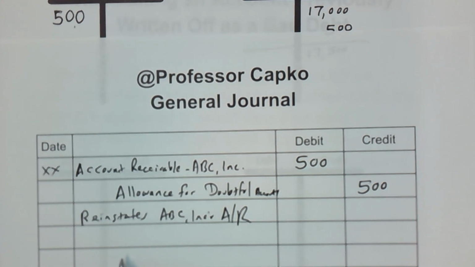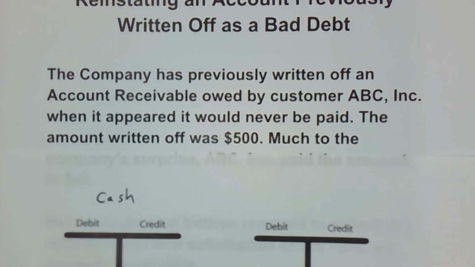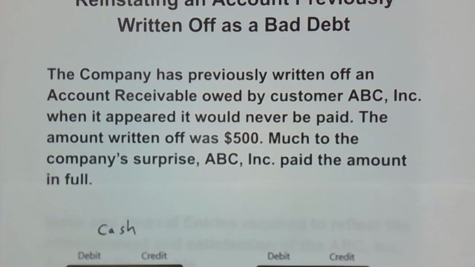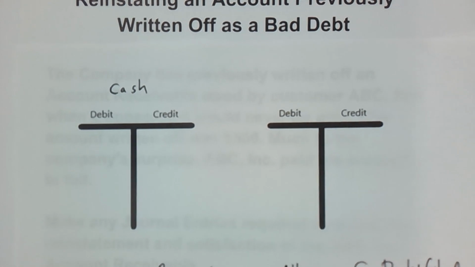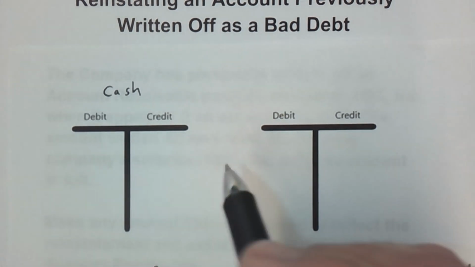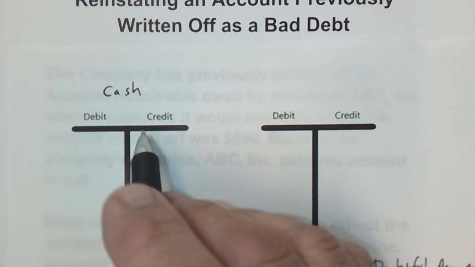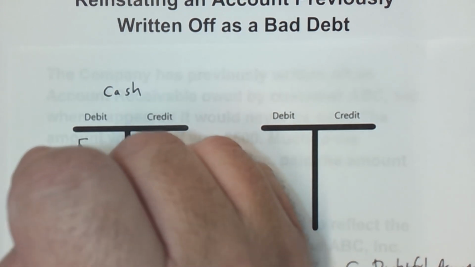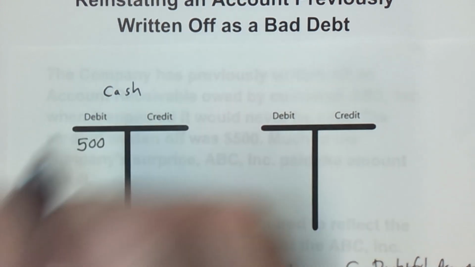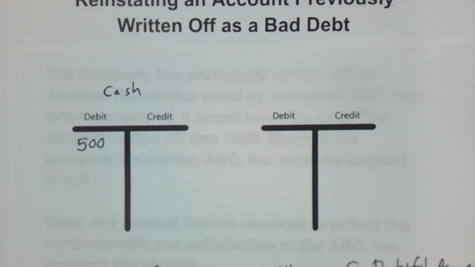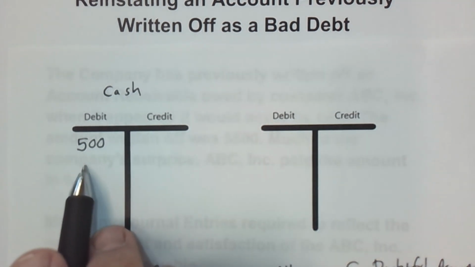Now, the next step is we need to account for receiving the actual cash. So as we see that we received $500 cash, so I'm going to look at the cash account, and it's an asset account, so I'm going to debit it $500. And what account are we going to credit? We have to have a credit.